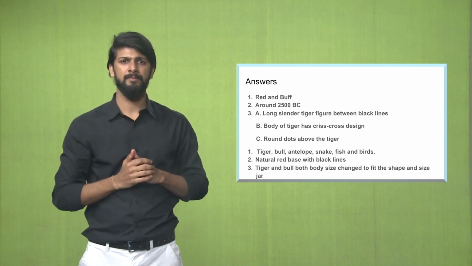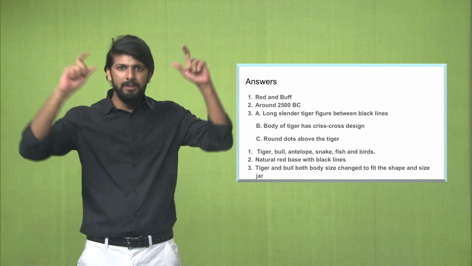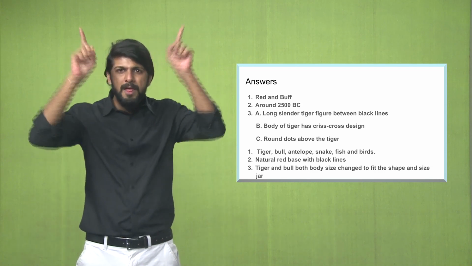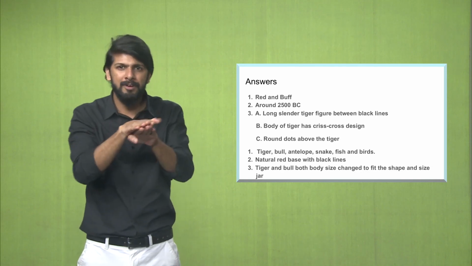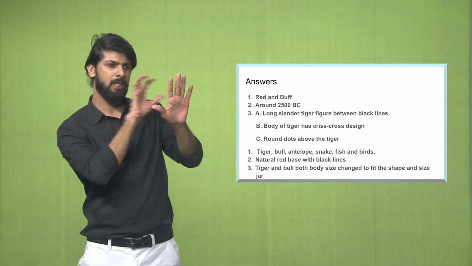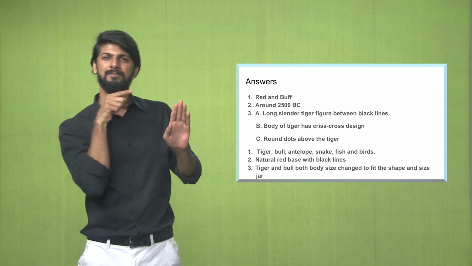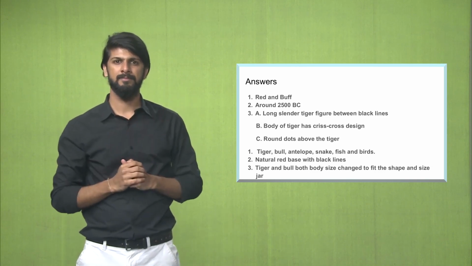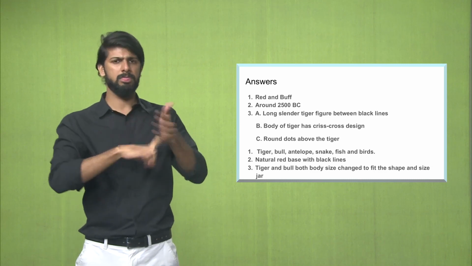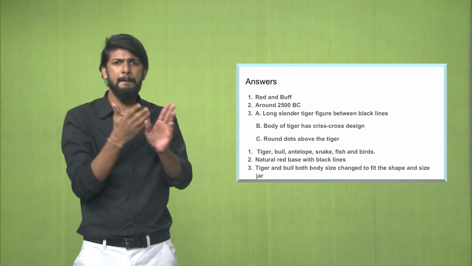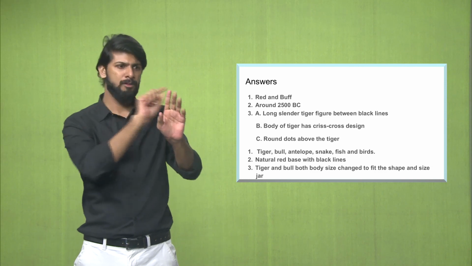Answer number 4, the animal figures primarily depicted were tiger, bull, antelope, snake, fish, and birds. Answer number 5, natural red base with black lines.